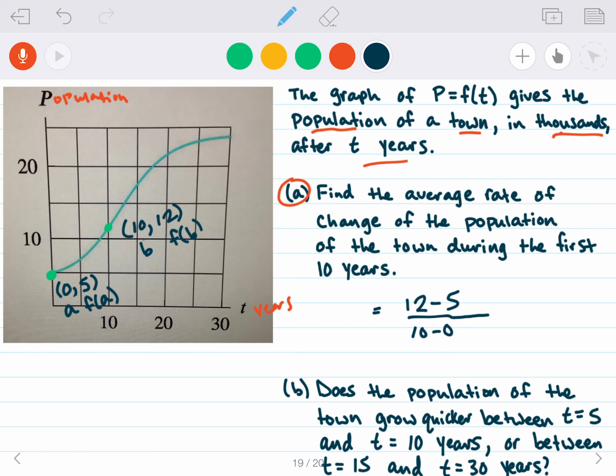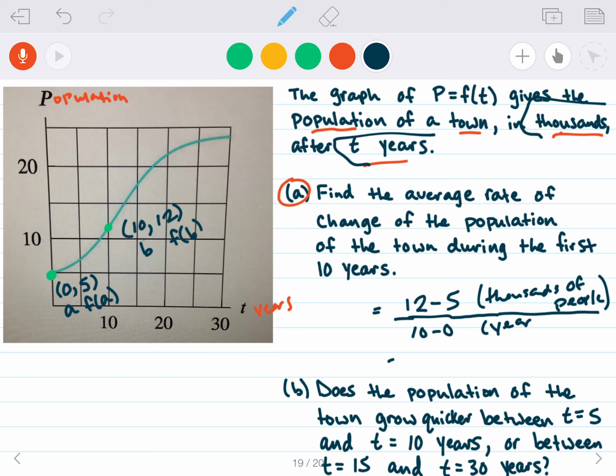And we'll include our units here since this is a real world kind of problem. So this is population in thousands. So this is thousands of people. Well, yeah, we're thinking it's people. I mean, it could be the population of dogs or something, but we'll assume it's people. And then on the bottom, this is t years, so this is per year. All right.